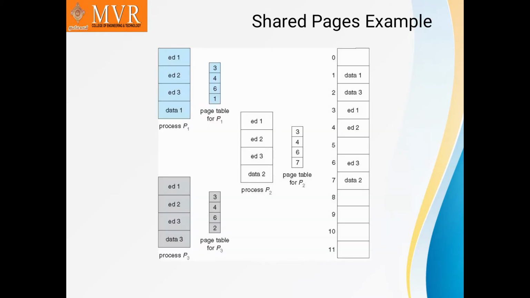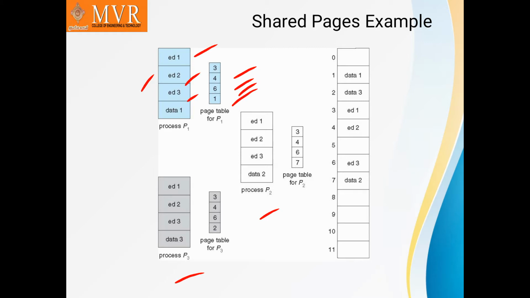See this example here. We have process 1, process 2 and process 3. See this picture. This is process 1, this one is process 2, this one is process 3. Process 1 has the data of edition 1, edition 2, edition 3 and data 1, and the page table of P1 is 3, 4, 6, 1.